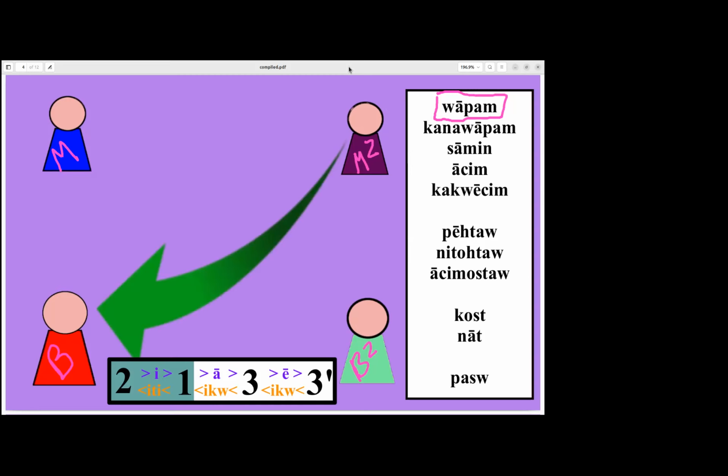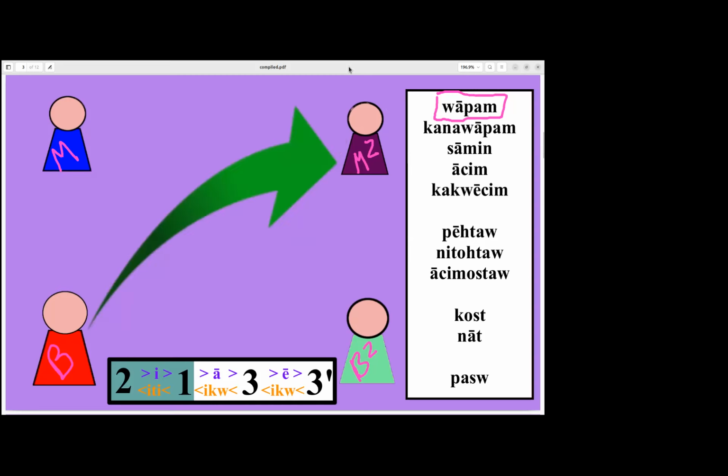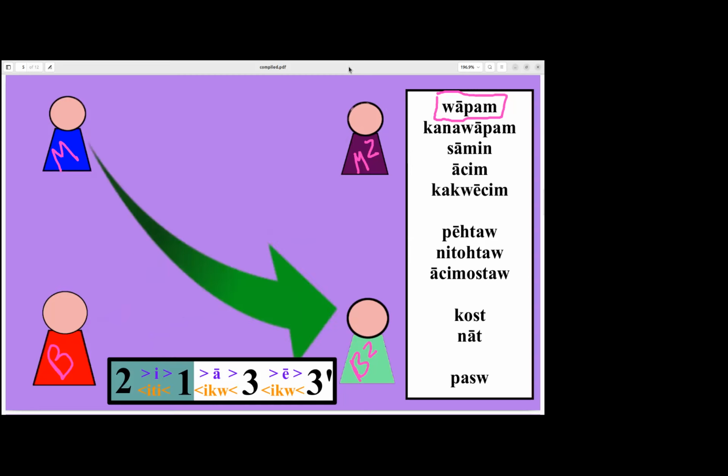Kiwapamik Maggie 2. Kiwapamau Maggie 2. Nawapamau Maggie 2. Hey Maggie, Kiwapamik chi Ben 2? Niwapamau Ben 2. Okay.